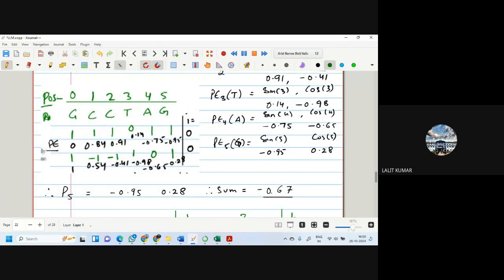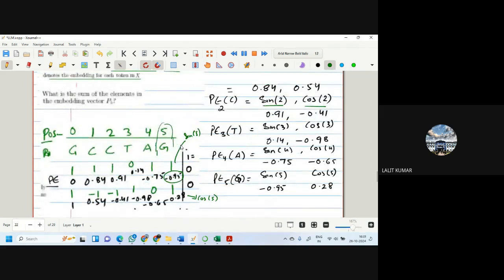You add this. Now they have asked the question for P5. P5 will be for this G. So for G, P of 5 is at position 5, minus 0.95, which is sine of 5, and this is cos of 5. When you add, you get the required answer 0.67.